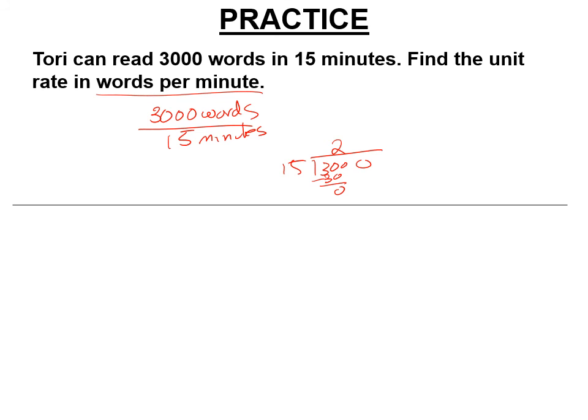Now what do? You bring down the next 0. 15 goes into 0 how many times? 0 times. Bring down another. 15 goes into 0. How many times? 0. All right, so it's 200 words in 1 minute. That's awfully fast. And 200 words, and there you can write WPM for that. I'm fine with that.